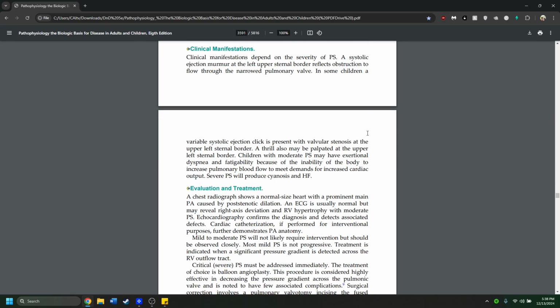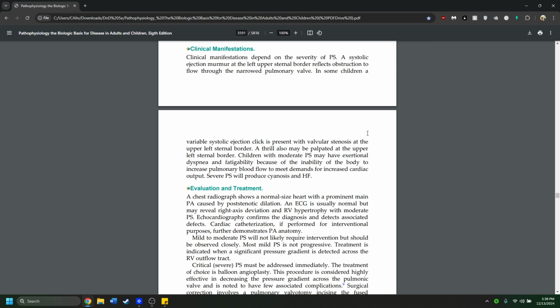Clinical manifestations depend on the severity of the pulmonary stenosis. A systolic ejection murmur at the left upper sternal border reflects obstruction to the flow through the narrow pulmonary valve. In some children, a variable systolic ejection click is present with valvular stenosis at the upper left sternal border.